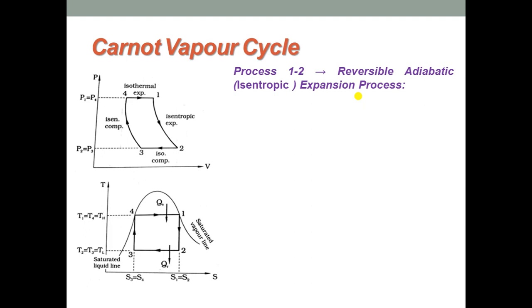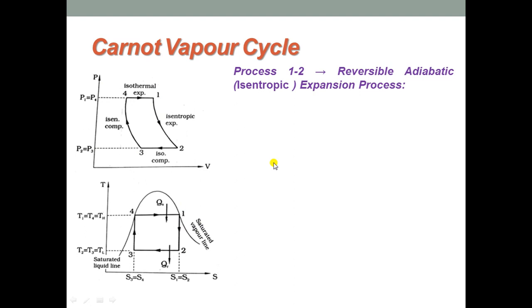Here, reversible adiabatic can also be called isentropic. The process is also named the isentropic expansion process, which takes place from state point 1 to state point 2 on the PV diagram as well as on the TS diagram.